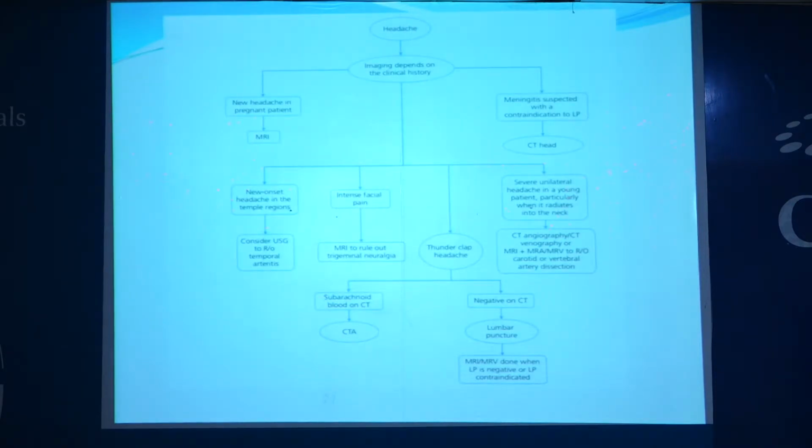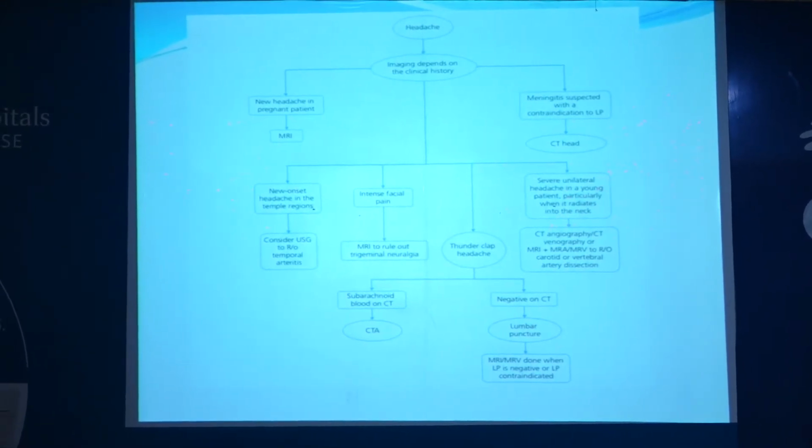Now, if a patient presents with headache, imaging depends on the clinical history. For example, for a new headache in a pregnant patient, an MR should be advised. What we are suspecting here is most commonly posterior reversible encephalopathy syndrome.